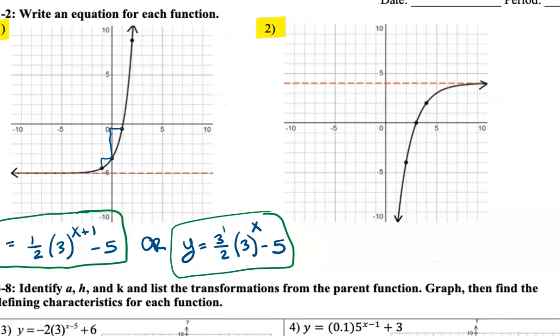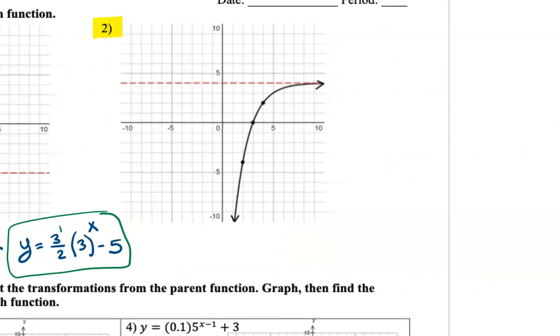Now I want us to take a look at getting the graph for number 2 using the same strategy. So again, the strategy I used before was I first honed in on the point that I could see that was closest to my asymptote. And the coordinates of that point, I have 4, 2.